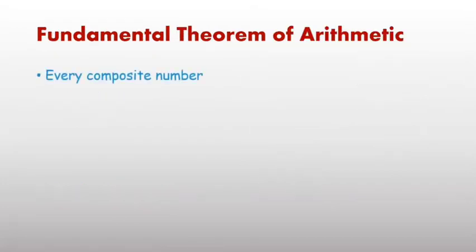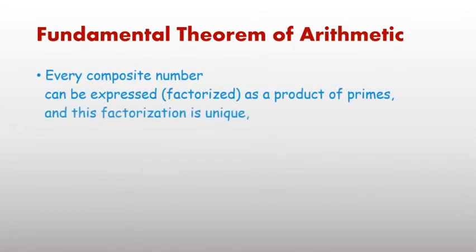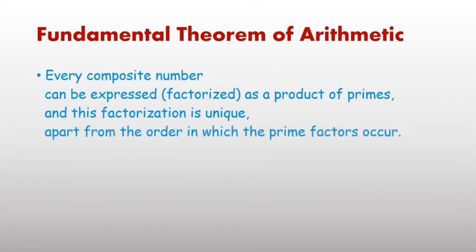Now, fundamental theorem of arithmetic. The statement is given in your book. Every composite number can be expressed or factorized as a product of primes, and this factorization is unique apart from the order in which prime factors occur. I have divided this whole theorem into 4 parts.